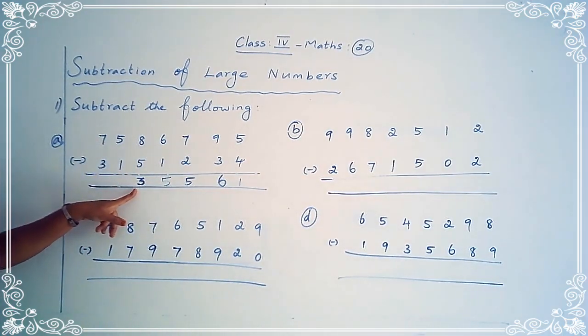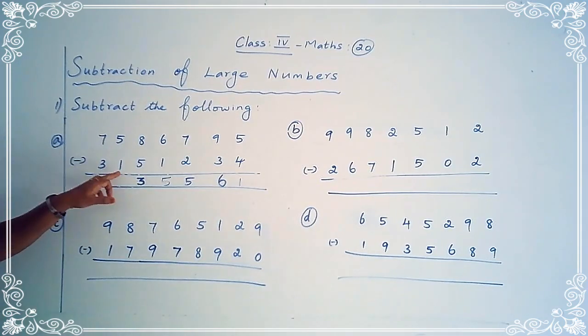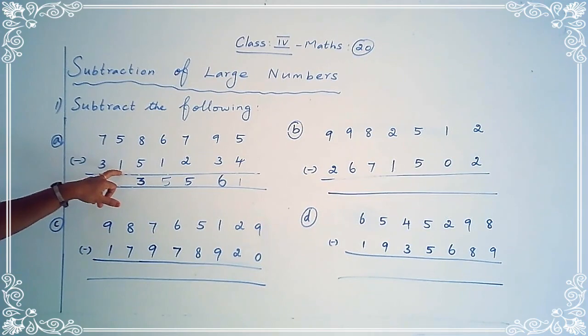Okay children, clear? Yes. Now you come to the next place, the lakhs place. Now you are subtracting in the lakhs place. Here the lakhs place has 5 and 1. So 5 minus 1. Below, which number is there? 1.